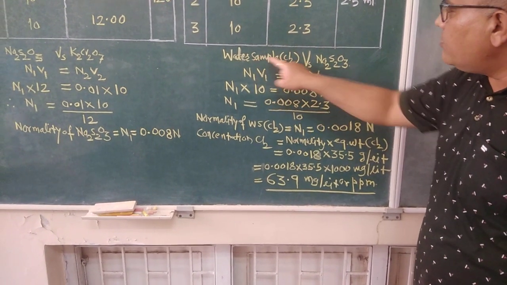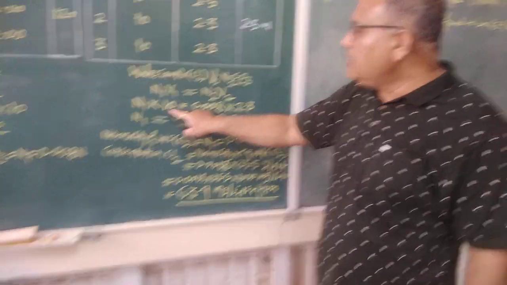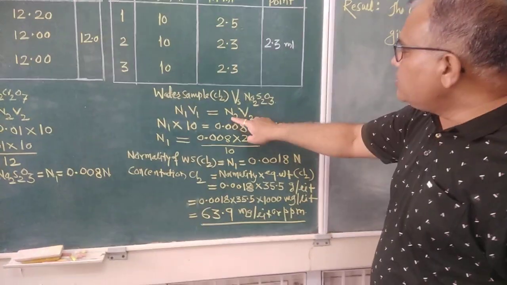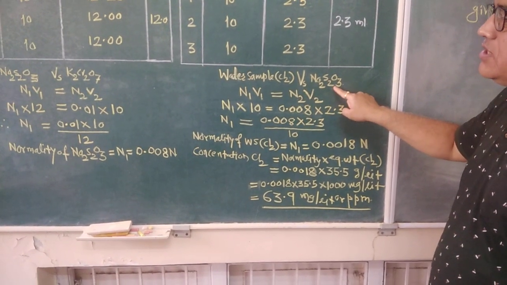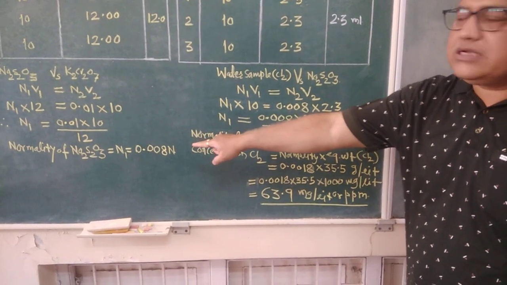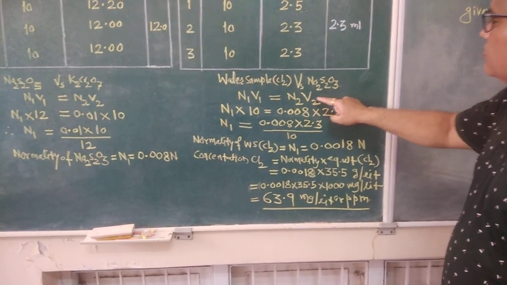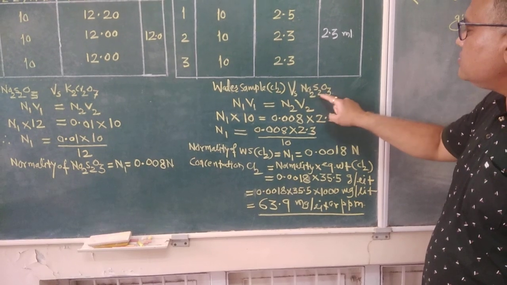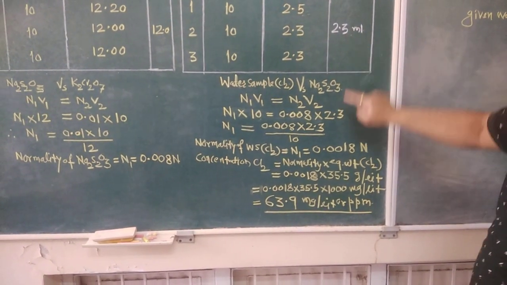V1 is the volume of water sample containing chlorine, and that is 10, because we have taken 10 ml of the water sample. Then N2 is 0.008, because N2 is the normality of Na2S2O3, which we have already calculated in the first part. And V2, the volume of Na2S2O3 for this 10 ml of water sample, the end point of the second part, is 2.3.